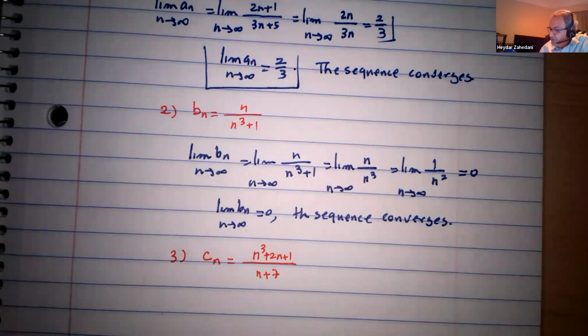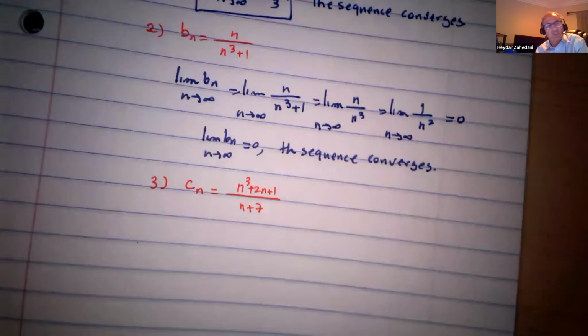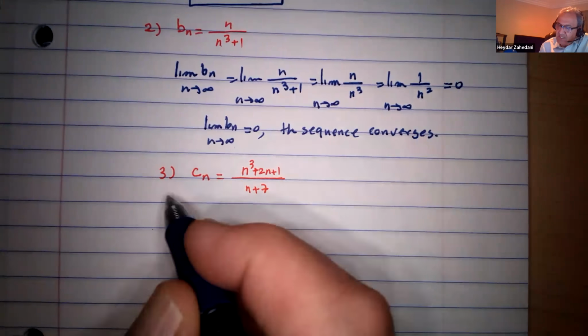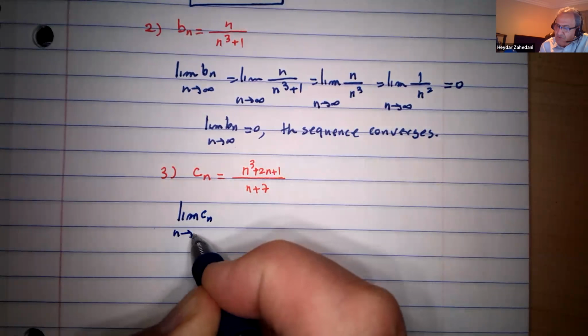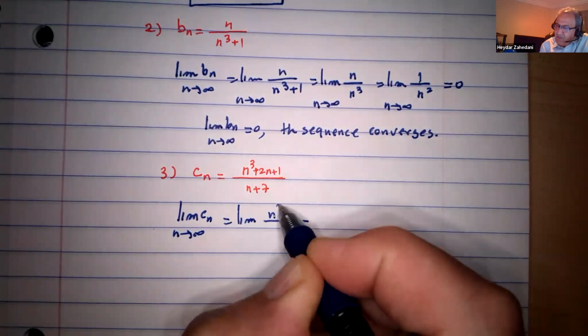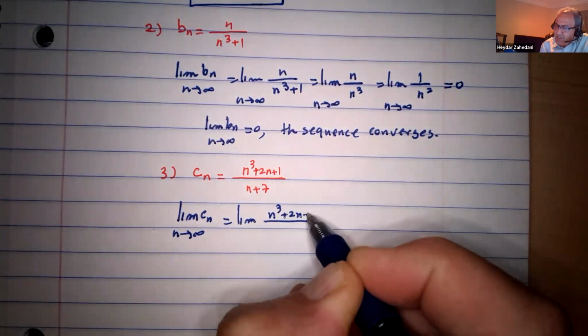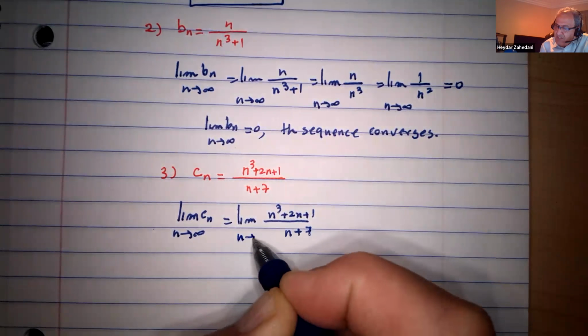If the degree of the top is higher, this means when n goes to infinity, this sequence would be divergent. And the reason is, again, the limit of c_n when n goes to infinity is equal to the limit of (n cubed plus 2n plus 1) over (n plus 7) when n goes to infinity.